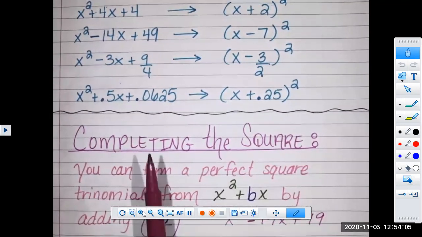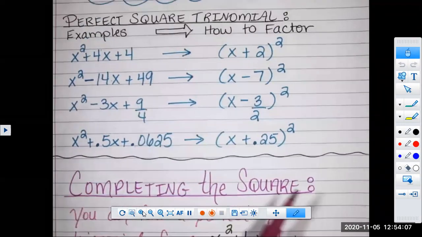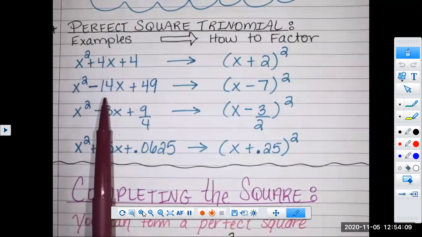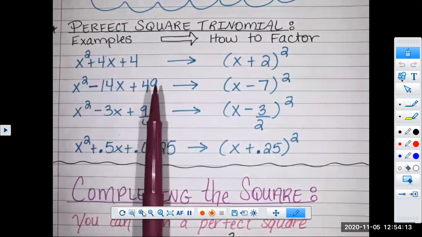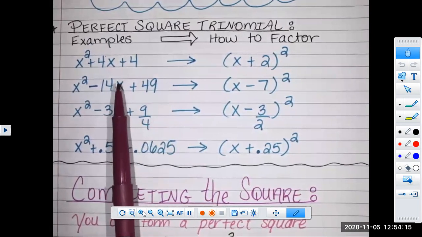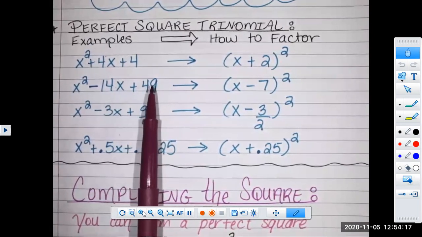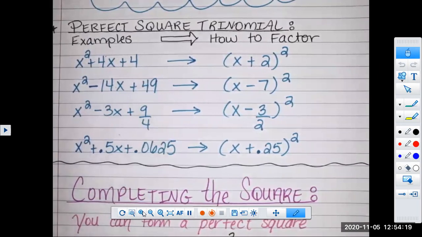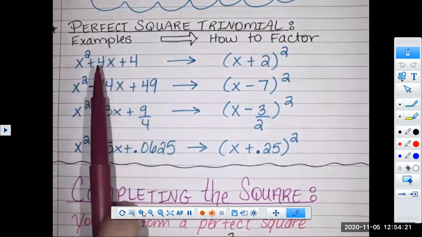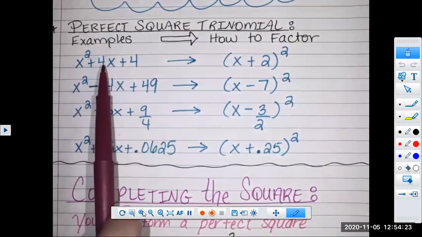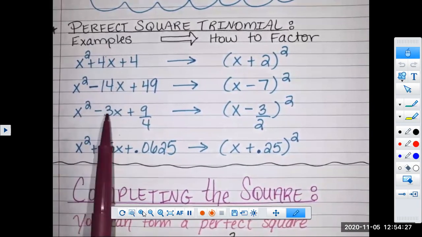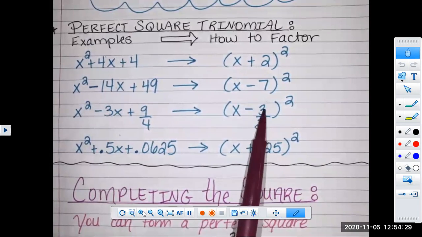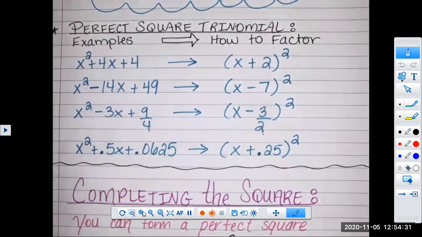So how you determine this third number is you take half of this middle number and then do what to get this number? I take half of 14 and then I do what? You square it, which is why it's called completing the square. I take half of 4, which is 2, square it, and I get that third number. Half of 3, 3 halves, but when you square that, square both of those, you get 9 fourths.